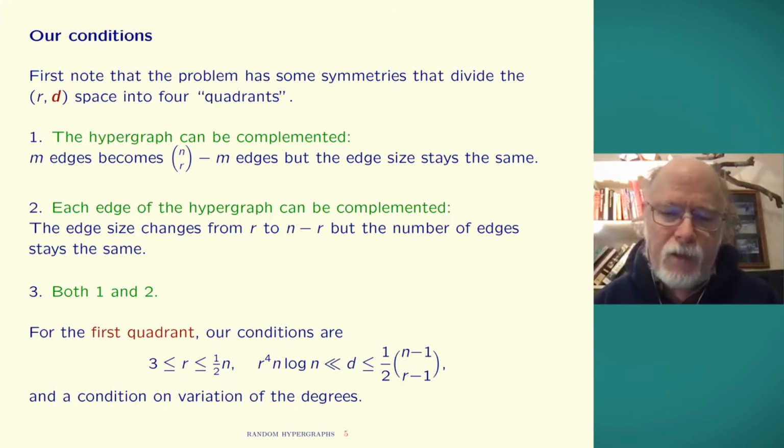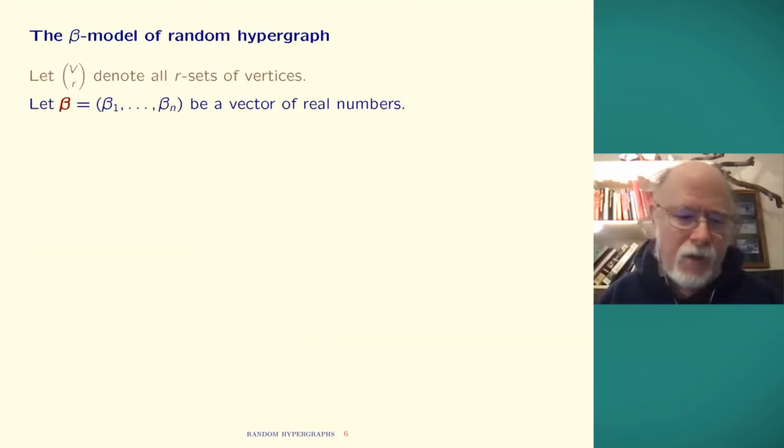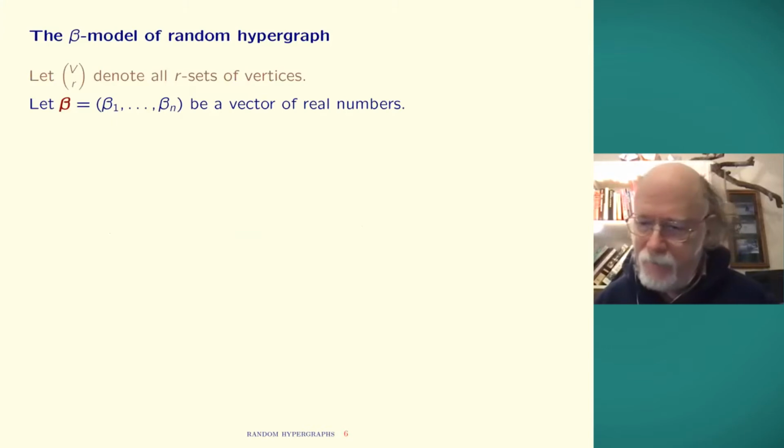And that sign there means we're increasing faster than r to the 4th n log n, average degree. We also have a condition that requires the degrees to not vary too much from each other. And this is a bit hard to explain, so I have to have an aside to explain it.